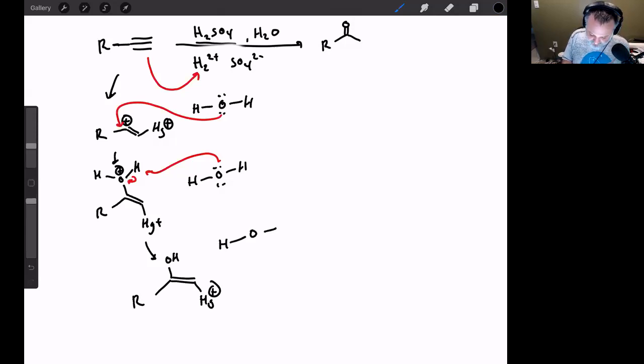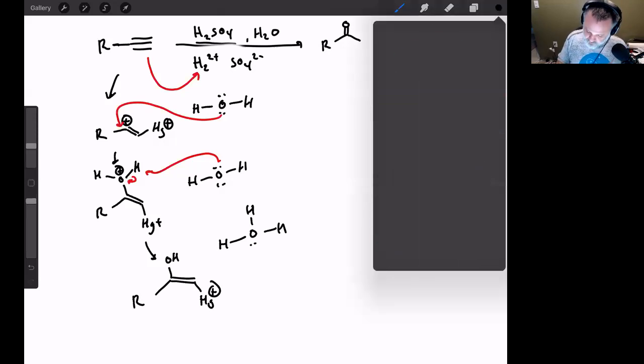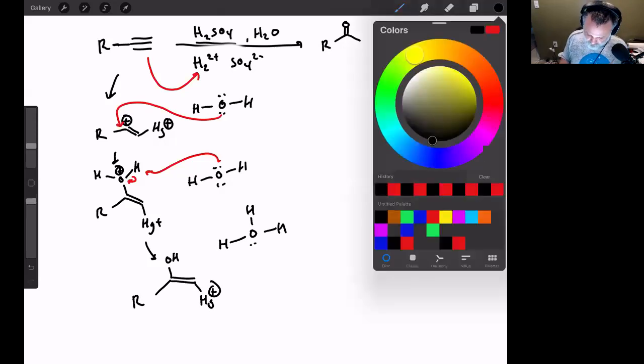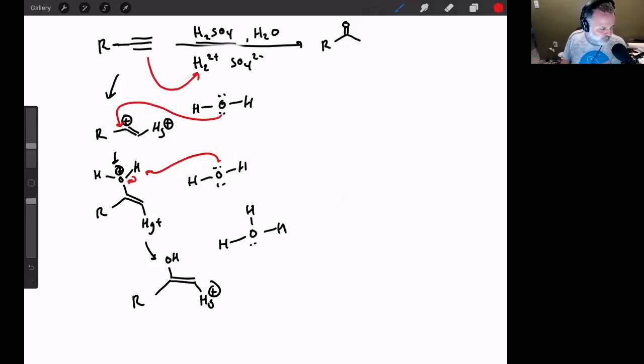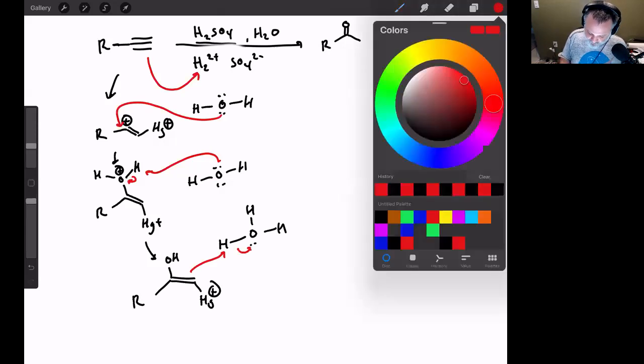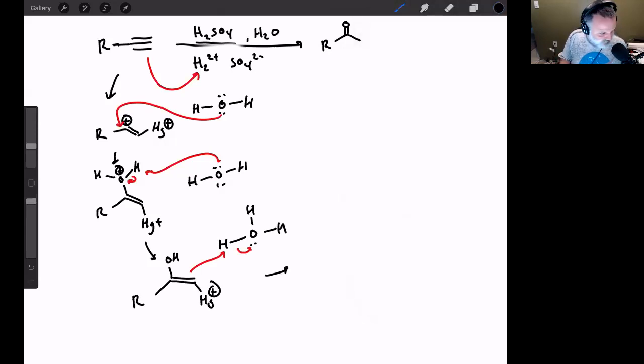Now with that acid that I just created, I'm going to form an intermediate that's resonance stabilized. And the resonance stabilization looks like this.